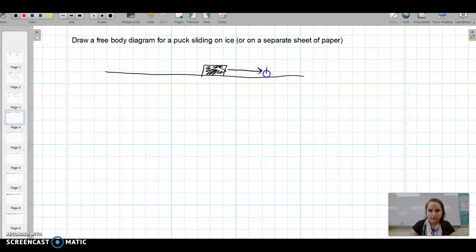Well, we have the force of friction here that is slowing it down. And then we have the gravity or the weight of the puck. And then we have the support force from the ice. Okay, and there's no force needed to keep it going because we're not asked to keep it going. We're just looking at it slowing down.